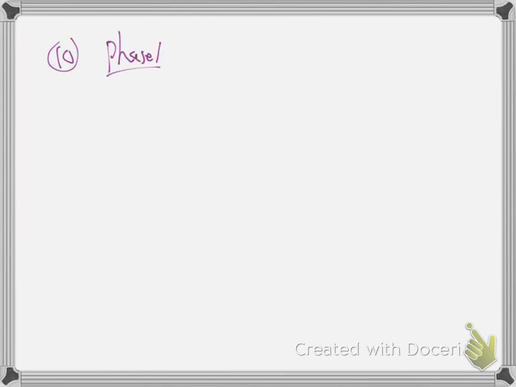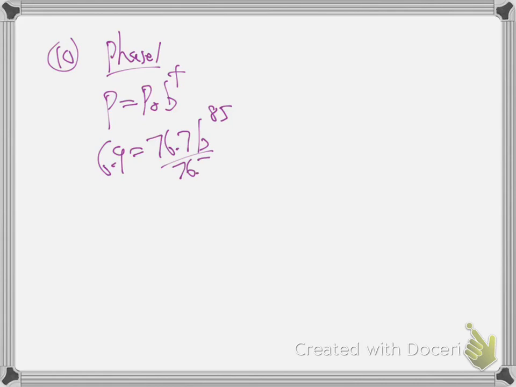Phase 1. P is P0, B to the T. So 6.9 equals 76.7 B to the 85. Divide by 76.7. So 6.9 over 76.7 is B to the 85.